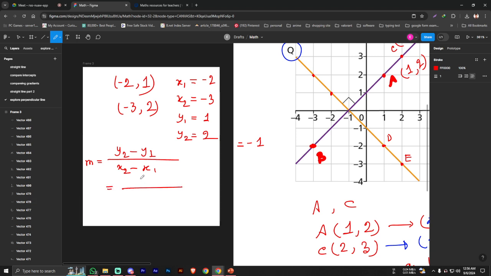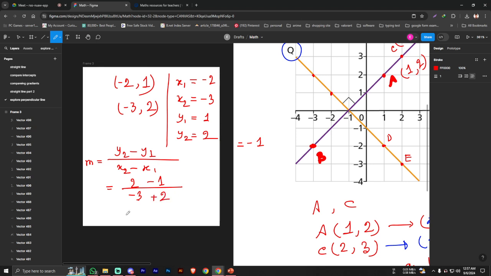Now we put the values: y2 is 2, y1 is 1, and x2 is minus 3 and x1 is minus 2, so minus minus is a plus.